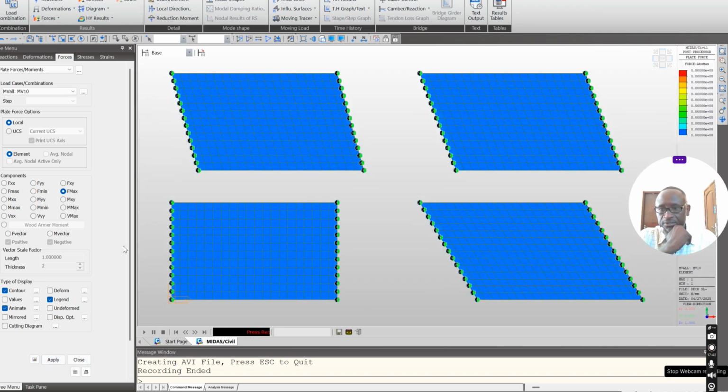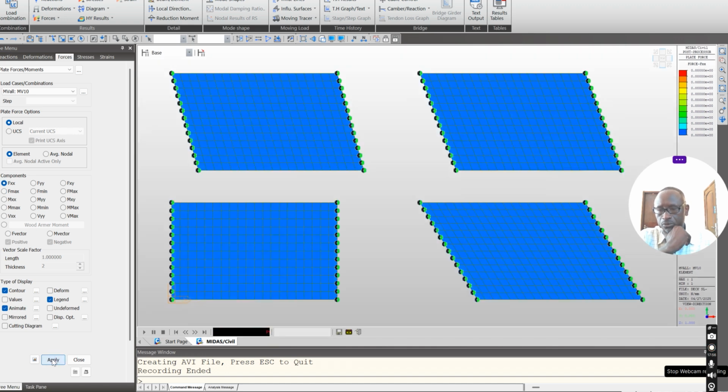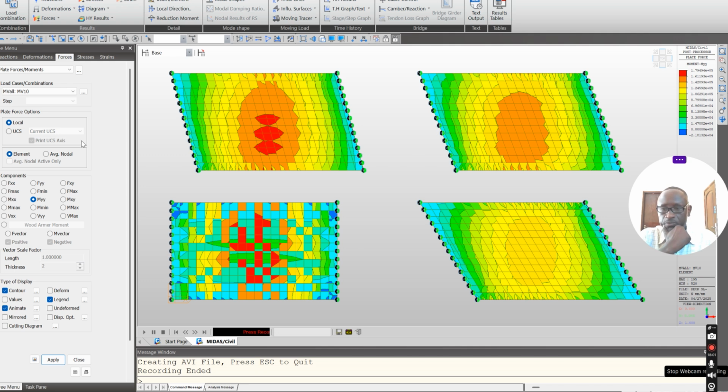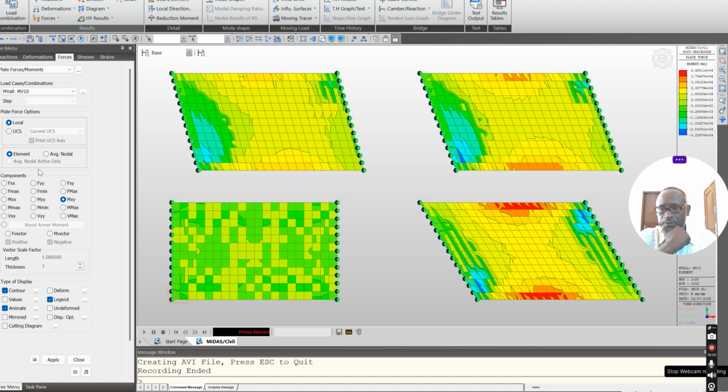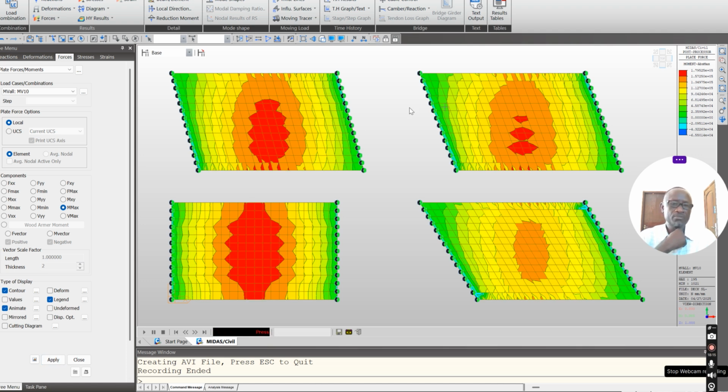Even the maximum forces here, let me see, okay, I think force fx is not there, myy, this is myy, similar mxy, okay, then the maximum is similar to this, and so it does not match.